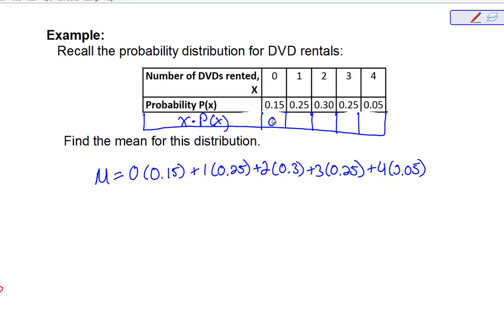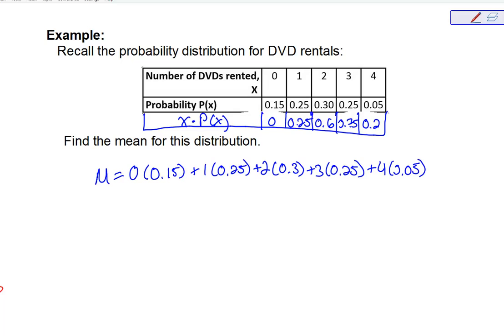And if I fill in my row, I get that 0 times 15 hundredths is 0, 1 times 25 hundredths is 25 hundredths, 2 times 3 tenths is 6 tenths, 3 times 25 hundredths is 75 hundredths, and 4 times 5 hundredths is 2 tenths.